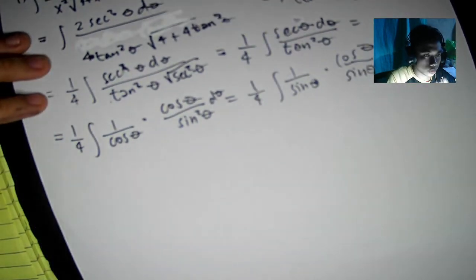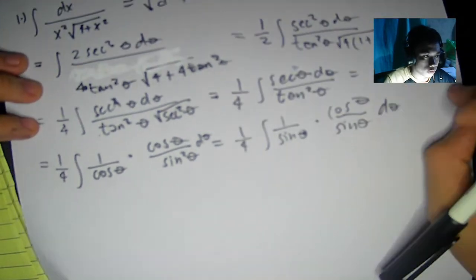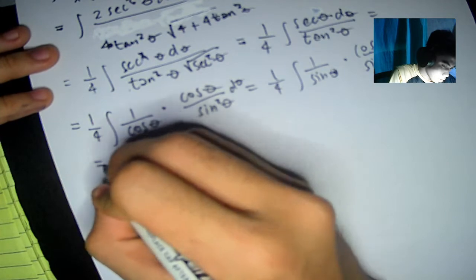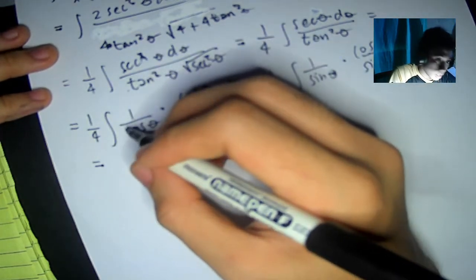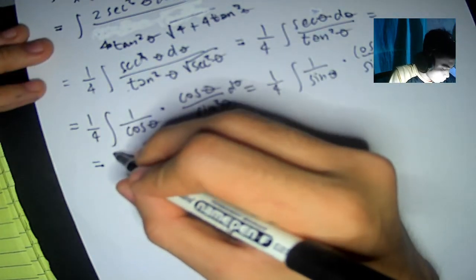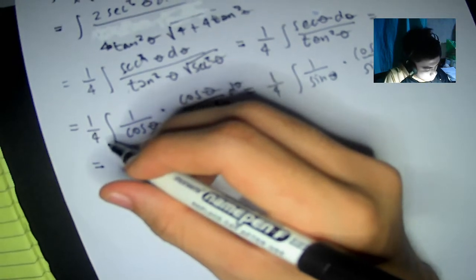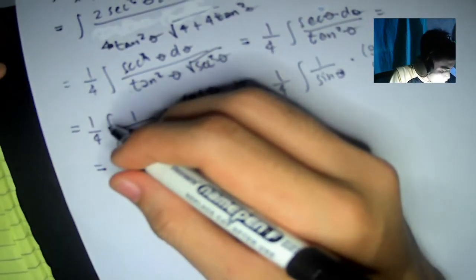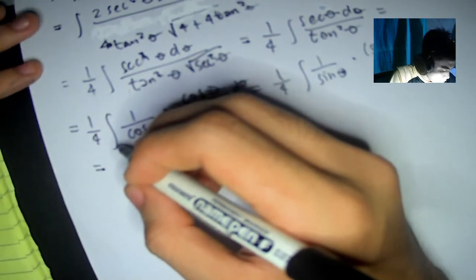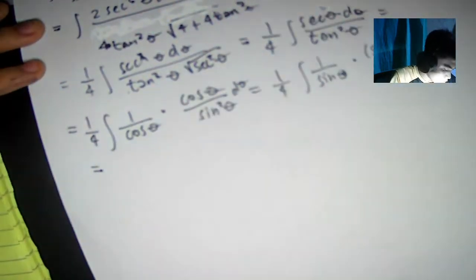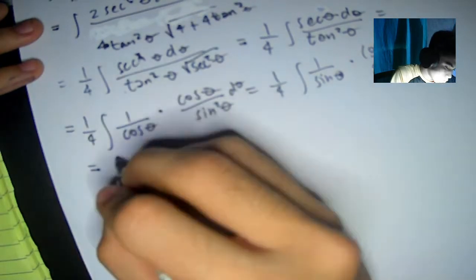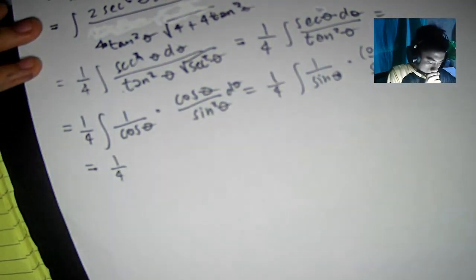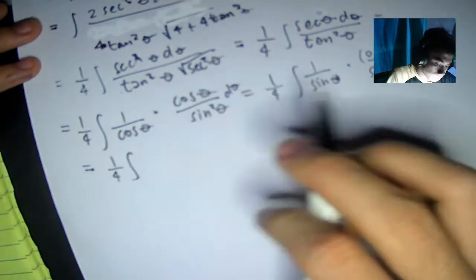So what would we have here? I'm not really sure. Wait. Okay, I think we'll have 1/4.